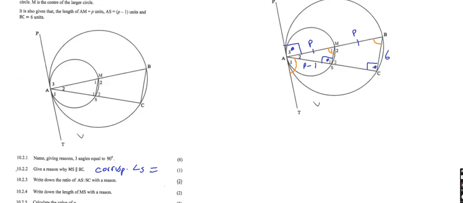And then they want us to write down the ratio of AS to SC. So this line here is said to be parallel to that one. We know that M is the midpoint of AB. Automatically S becomes the midpoint of AC because of the parallel line and the other midpoint.